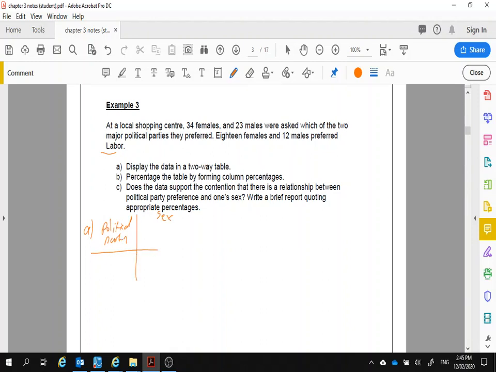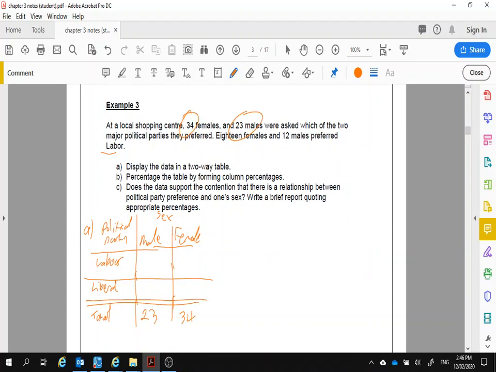We're going to have male, it doesn't matter which way you put it, female, we're going to have Labour, we're going to have Liberal, and if you don't remember it, just say other political party, and of course then there's the total. Now we know 34 females, we know there's 23 males, then there we go. 18 females prefer Labour, 12 males prefer it, that means we get 11 in here, and we get 16 in here.